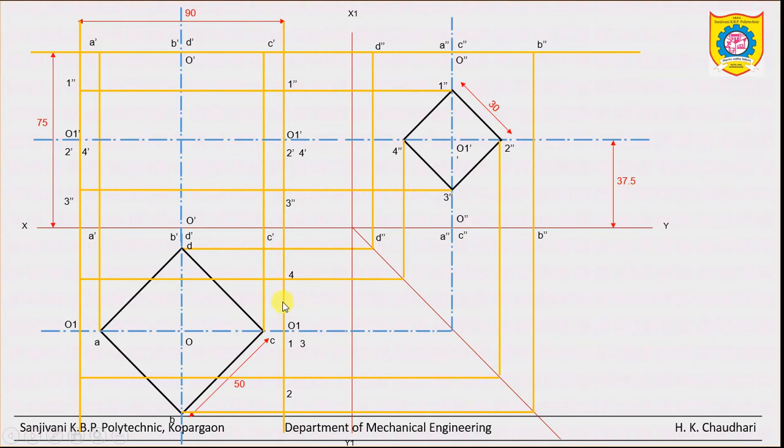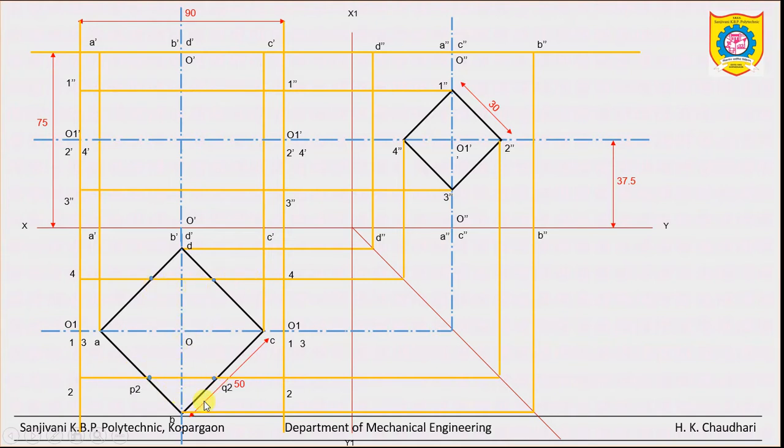Okay, clear? Similarly on the left face, in this way. Now see, we have to observe this intersection from the front side and the top side. So first locate the points of intersection, these 4 points.